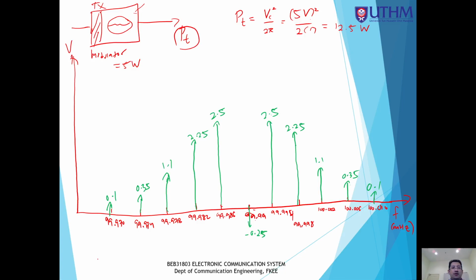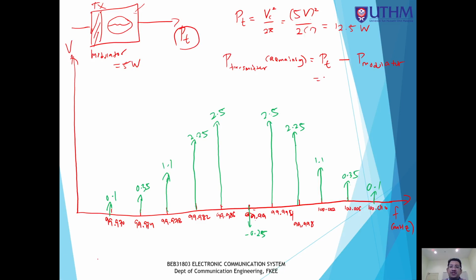Now the question asks you to find the remaining power at the transmitter. This is equal to P total minus P of the modulator, excluding the modulator.